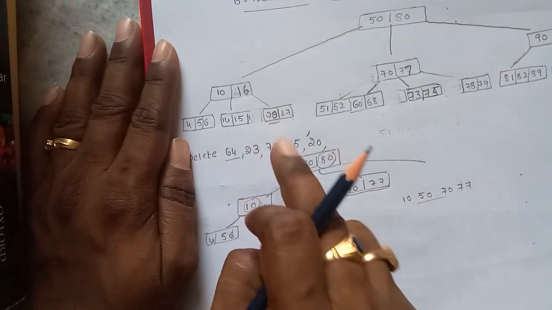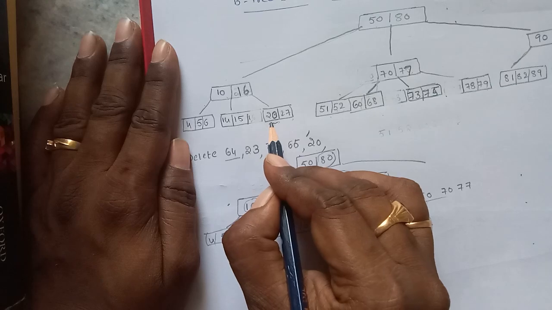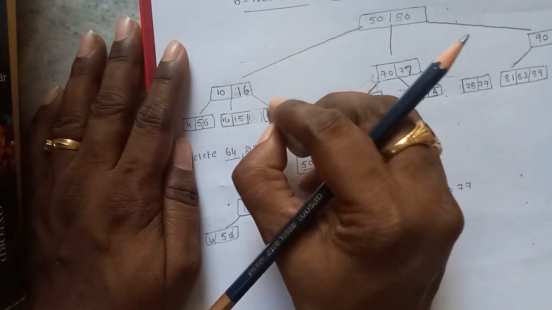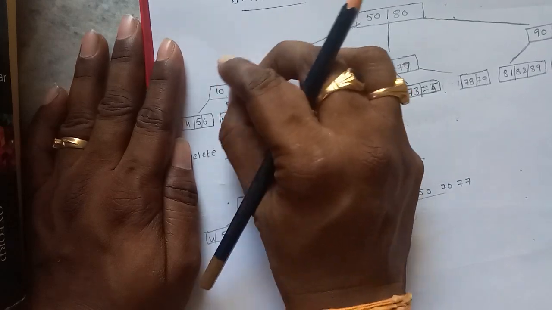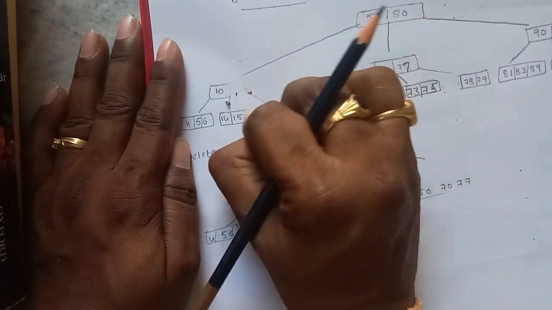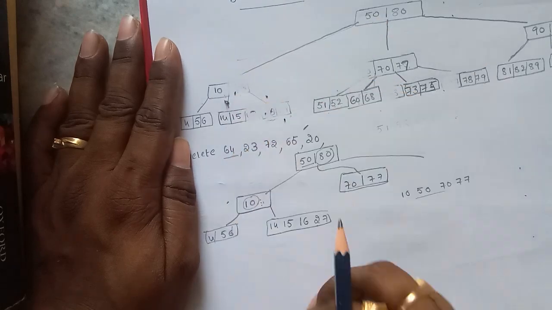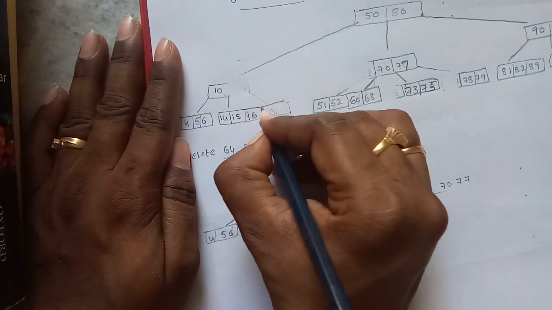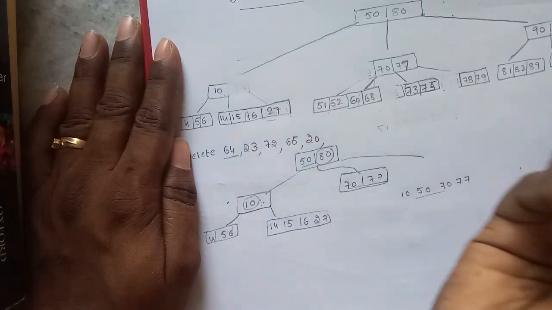Okay, you understand? First, by removing 20 from this position, what happens? By removing 20, 14, 15, 16 and 27, this happens.